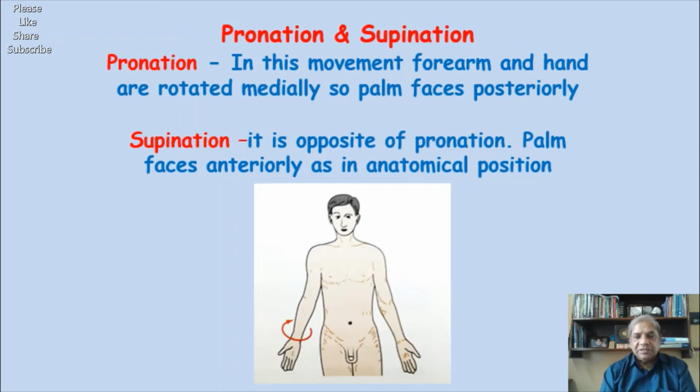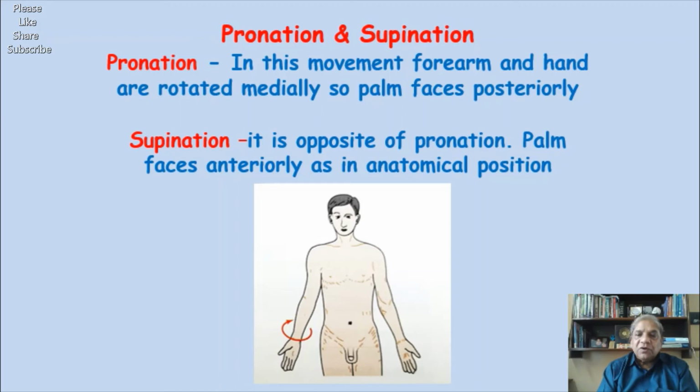In this pronation, your upper limb will be hanging by the side, but the forearm and the hand will be showing the dorsal aspect anteriorly. But pronation can also be demonstrated while your elbow is flexed. Flex your elbow till it comes to a right angle with the arm, and now perform the pronation movement.